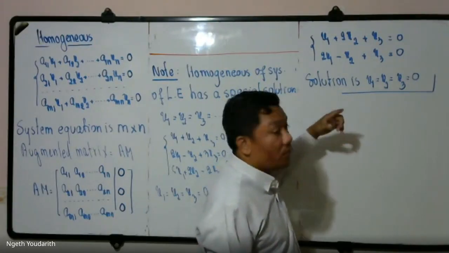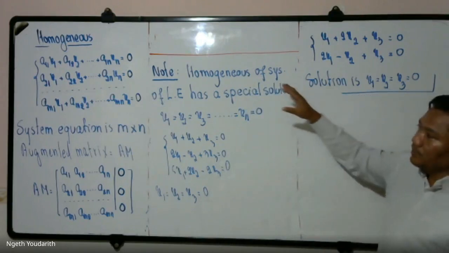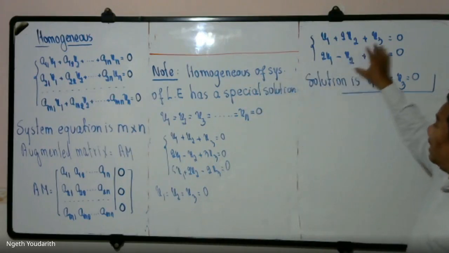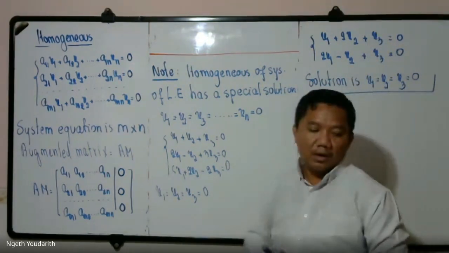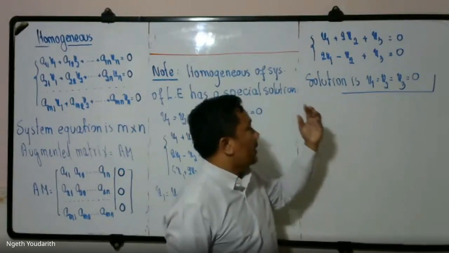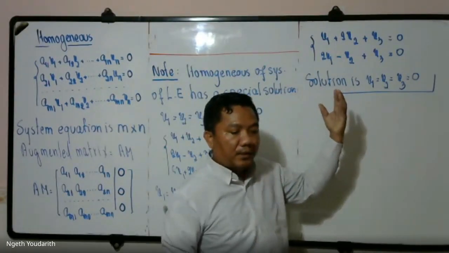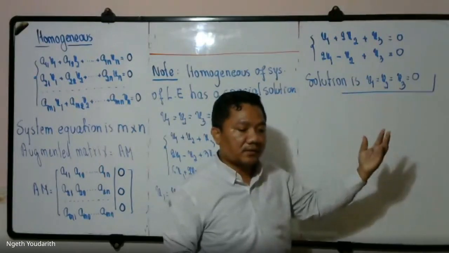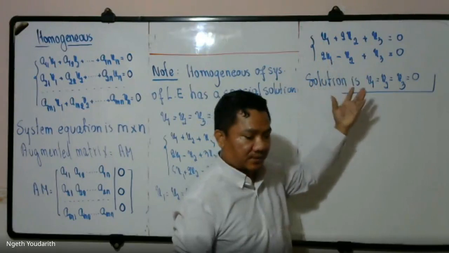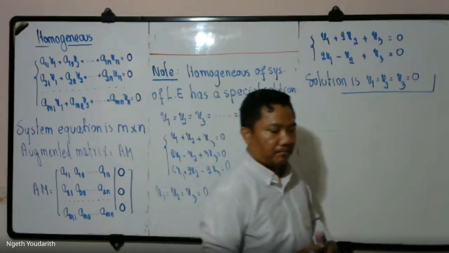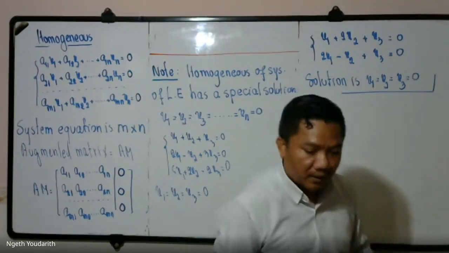So now we go on. I told you that if you have a system of linear equations like this, you can convert from the system to the augmented matrix. How can you write from the system to the augmented matrix?